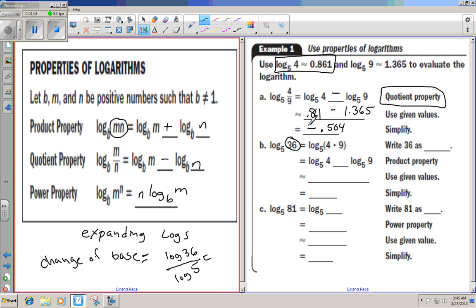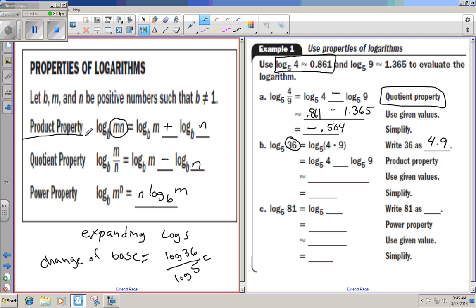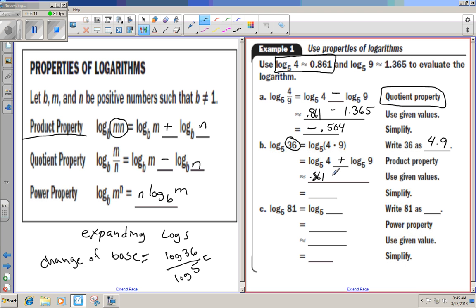But to fill this out, write 36 as 4 times 9. Use the product property. Product property says to add. And now you're simply taking 0.861, adding it to 1.365, and getting 2.226.